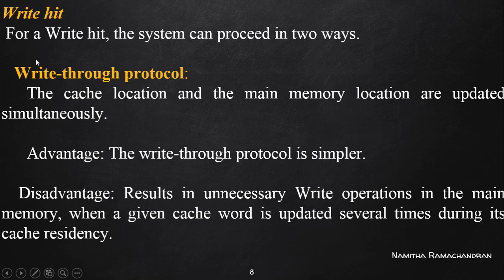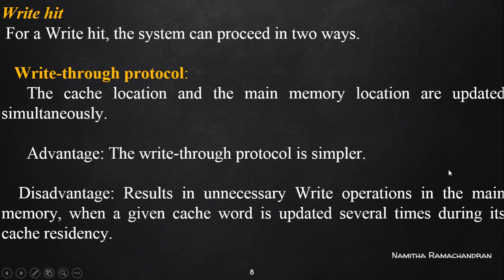The processor can update the memory word which is present in the cache location, and also change the corresponding memory word which is available in the primary memory. Whenever a write operation is performed, update both the cache memory copy as well as the main memory copy. That is the principle of this write through method. Advantage: this is a simpler method.